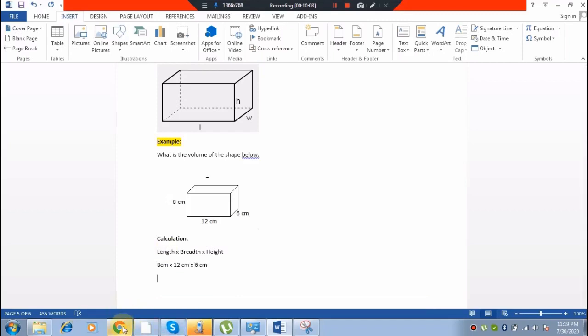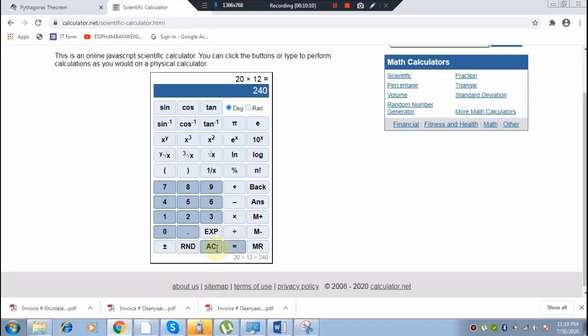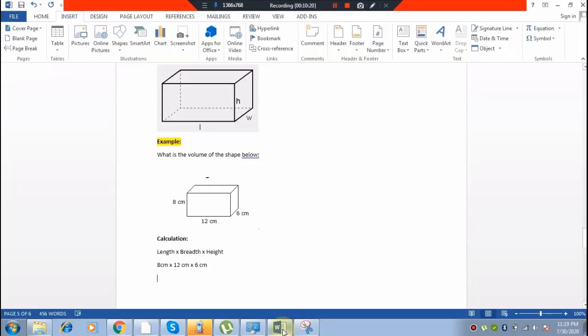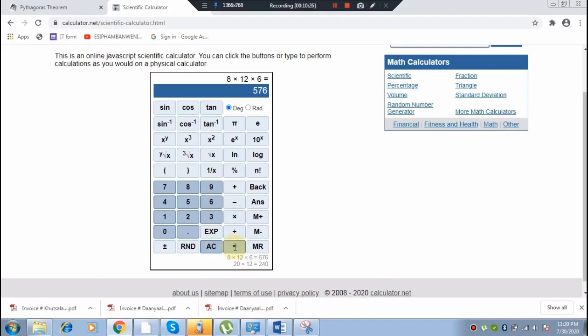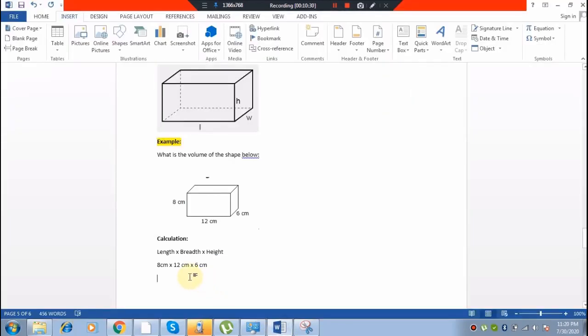So we're going to calculate that. 8 times 12 times 6 equals 576. Remember, this one is now in cubic centimeters. 576. Is that the correct answer?